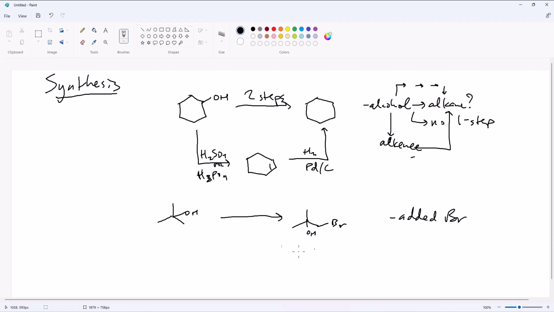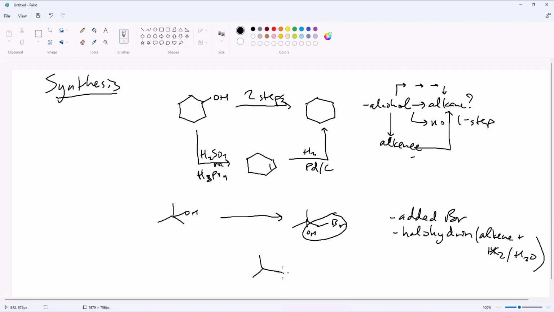Now I don't know any reaction off the top of my head that can just add a Br to a terminal carbon, but we do notice this functionality here. We have a Br next to an OH, so this is a vicinal arrangement, and this is what we call the halohydrin. And halohydrins we know how to form. Halohydrins are going to be an alkene plus X2 in H2O. So that means this species came from an alkene.